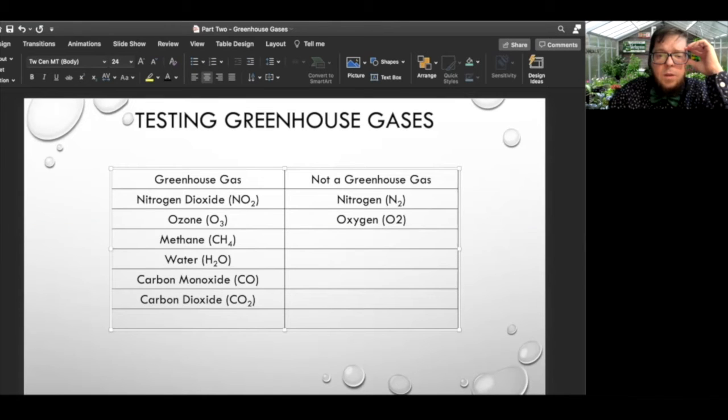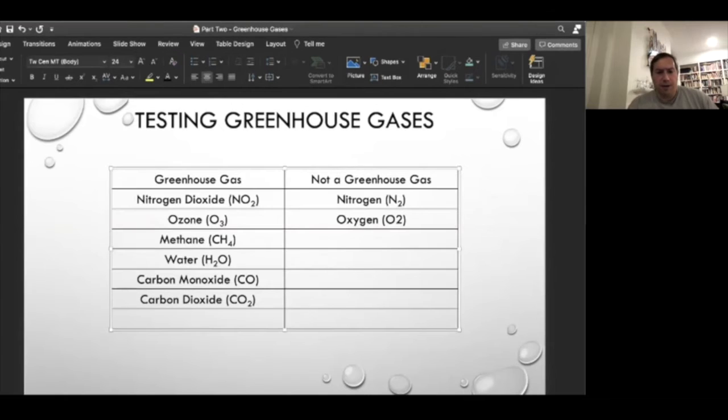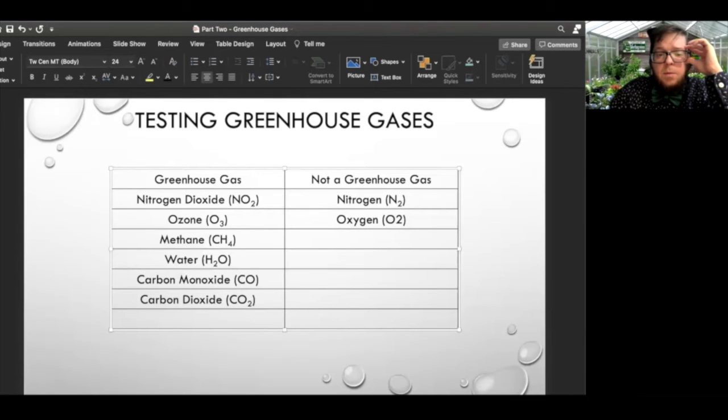They're certainly not one of the heavy hitters. They're not even one of the minor league hitters. Isn't their biggest effect that they knock the O3 into O2, so it reduces the ozone layer? Correct. The big problem with the chlorofluorocarbons was that they are damaging to the ozone layer, and we'll talk more about ozone in a little bit.